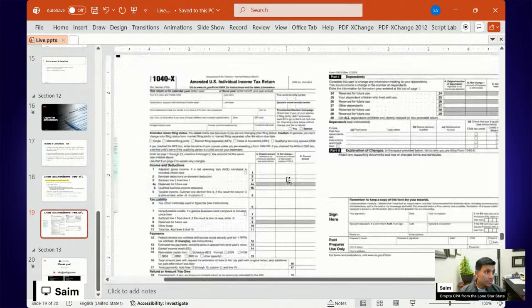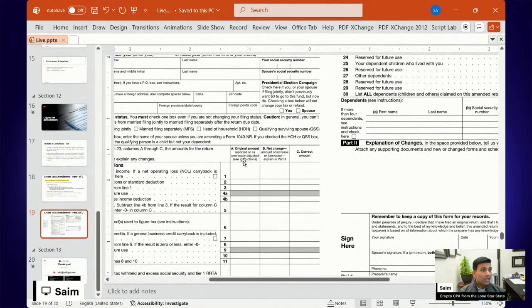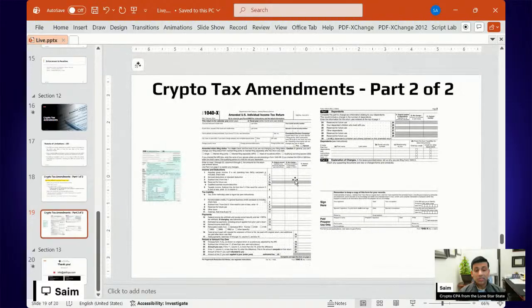If I were to zoom in, you can see there's an original amount section, then a net change section, then a correct amount section. This is the summary form. The 1040 itself goes with the 1040X. You have to provide an explanation here as to why you did the amendment and what the case was, and it will compute a tax liability or a refund for you, depending on the case.